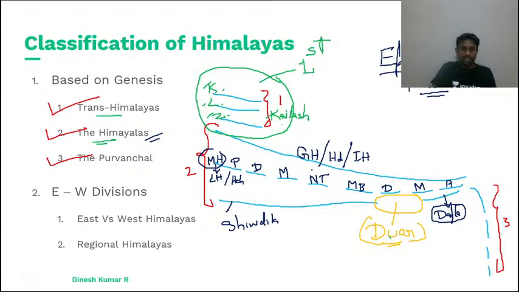The second division, the Himalayas, I have classified into three divisions: the Great Himalayas or Himadri or Inner Himalayas; the Middle Himalayas, divided into a number of divisions like Pir Panjal, Dholadhar, Mussoorie, Nag Tibba, Mahabharat, Darjeeling, Miri and Abhor; then the Shivalik range, which continues in the northeast as the Dafla range, with a gap below Darjeeling, that is the Dwar region.